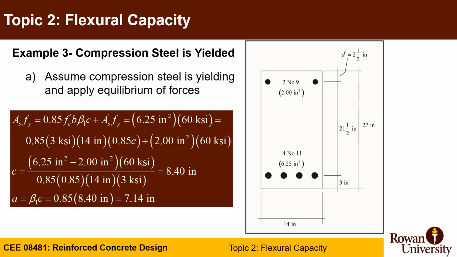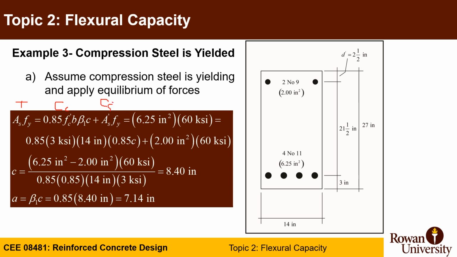The first step is assuming the compression steel is yielded. Write the equation C equals T. This is T, As fy. C in this case will be Cc, C in compression, plus Cs'.